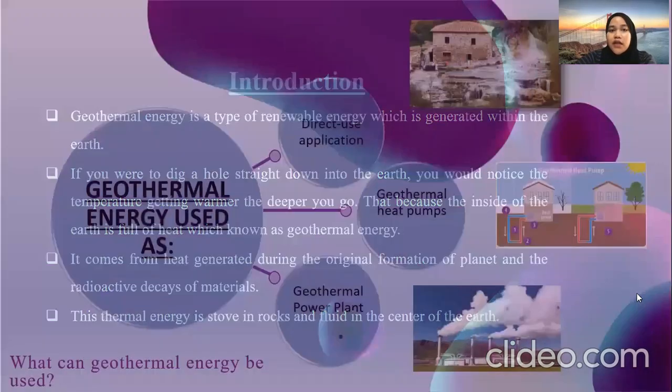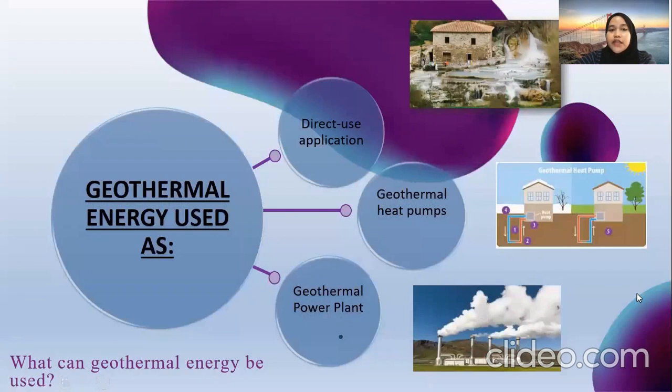Next, for the application of geothermal energy, what can geothermal energy be used for? The application of geothermal energy can be categorized into three types: first, the direct use application; second, the geothermal heat pump; and third and lastly, the geothermal power plant.